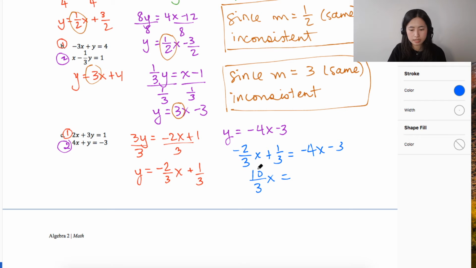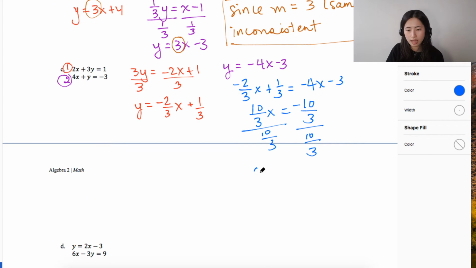So this is, let's see. Yeah, negative 3 minus 1/3 is equal to negative 10 over 3, right? So dividing both sides by 10 over 3, we get x, and because this is exactly the same thing, this is just negative 1, so we're just going to carry that negative 1 over here.